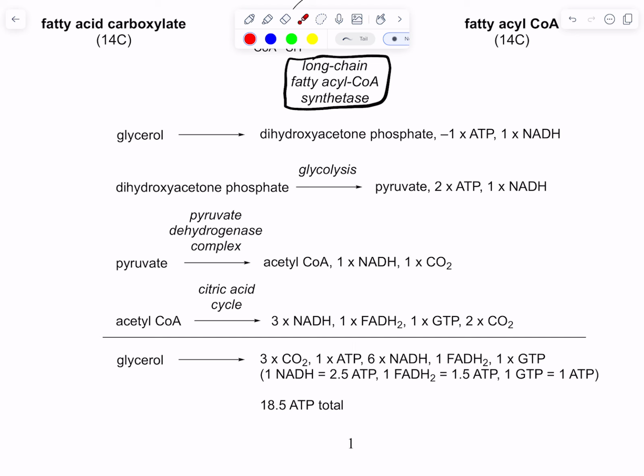Some of you are going to be like, well, how can you have a half ATP molecule? You can't. These are approximations. So somewhere between 18 and 19 ATP molecules for a glycerol. Okay? So that's just the 3-carbon glycerol portion. Now any questions about that?